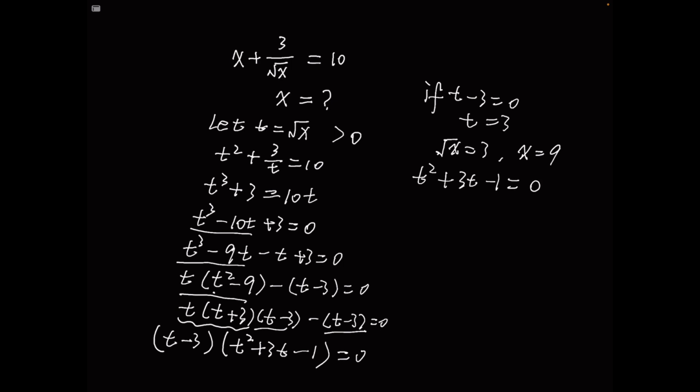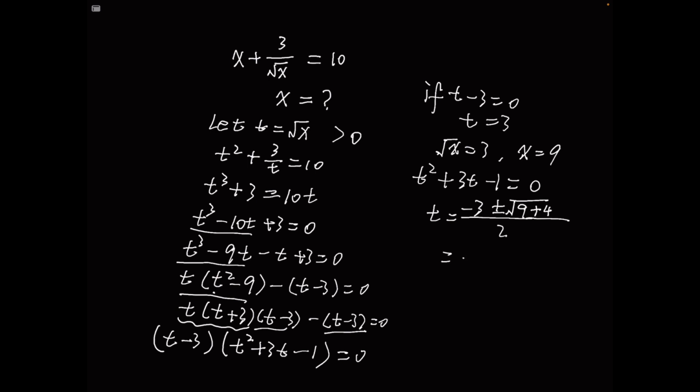minus 1 equals 0. Now, according to the discriminant formula, the root of this equation, t equals negative 3 plus or minus square root of 9 plus 4, and the denominator is 2.